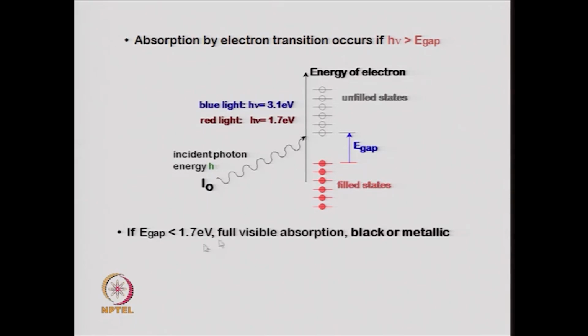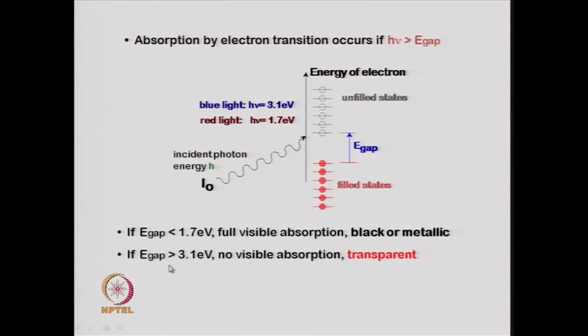For example, if the energy gap is less than 1.7 electron volts, then you can have absorption from the entire visible region, because the visible region starts from 1.7 to 3.1 electron volt. So, if the energy gap is less than 1.7, the entire visible can be absorbed, and the material looks black or metallic if the band gap is smaller than 1.7 electron volt.